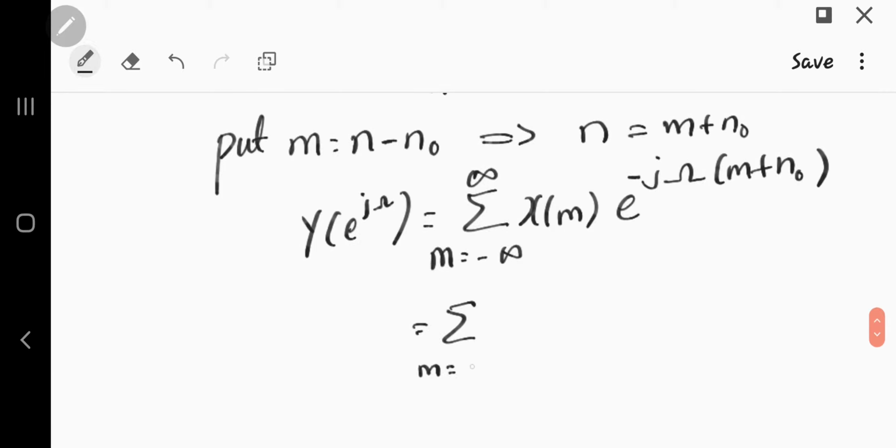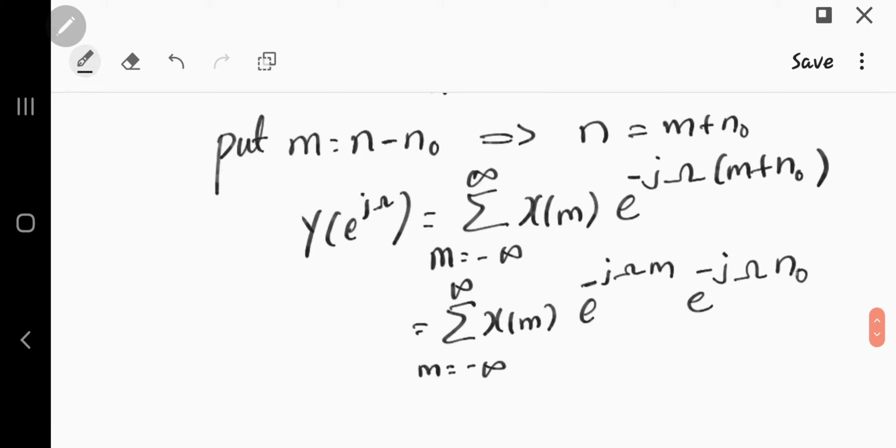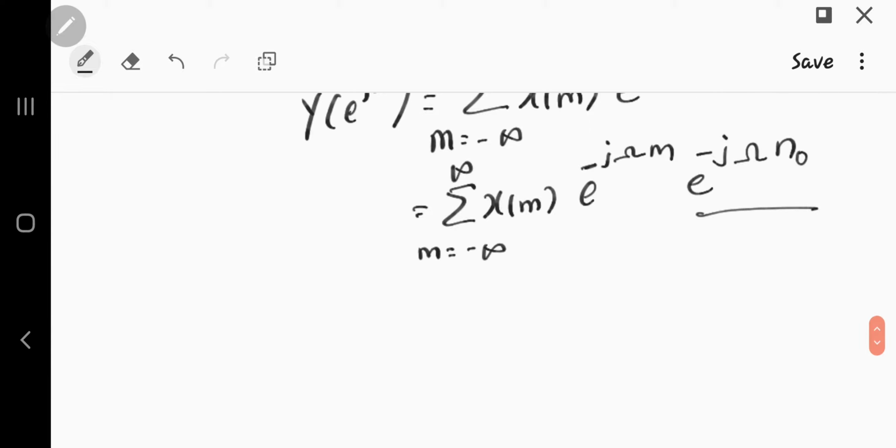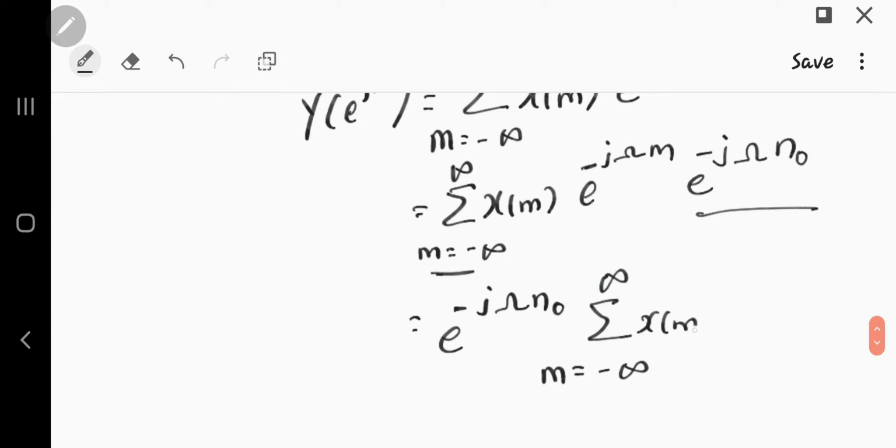So if we go for further simplification, let's multiply this omega m and e power minus j omega n naught. Now this term will be a constant with respect to the summation here, because m is varying from minus infinity to plus infinity. So e power minus j omega n naught, summation m equals minus infinity to plus infinity x of m e power minus j omega m.